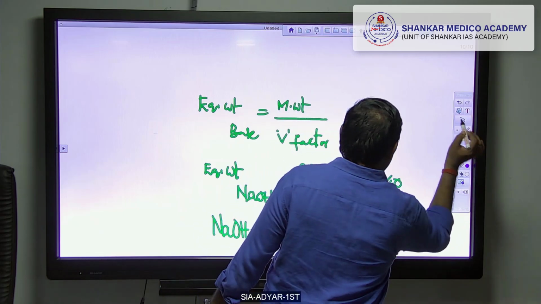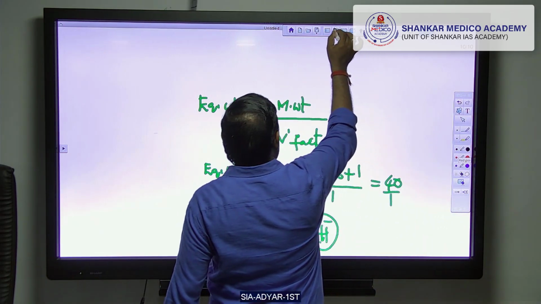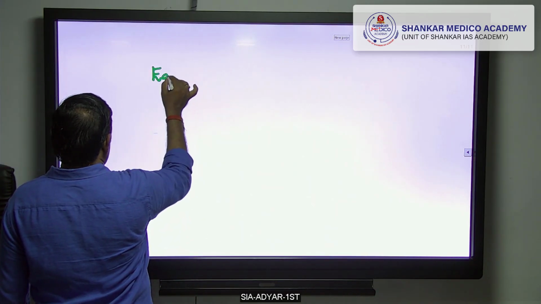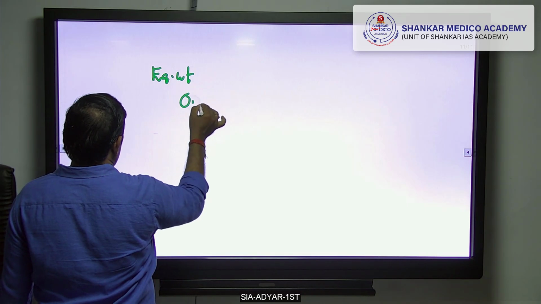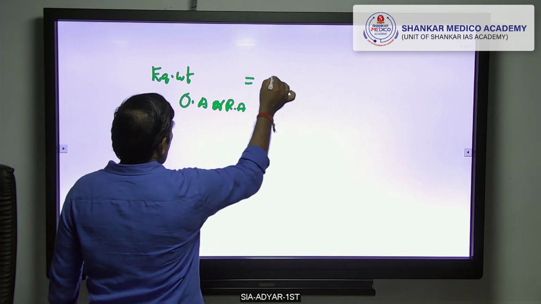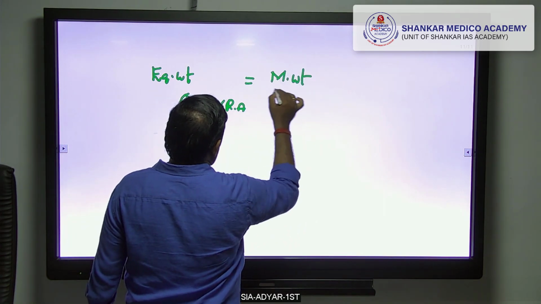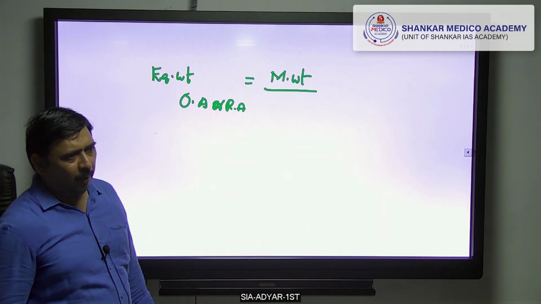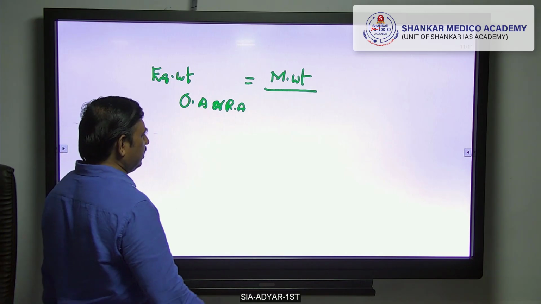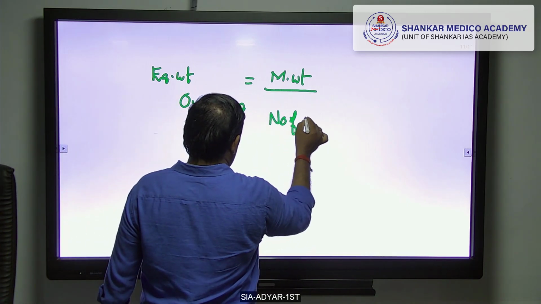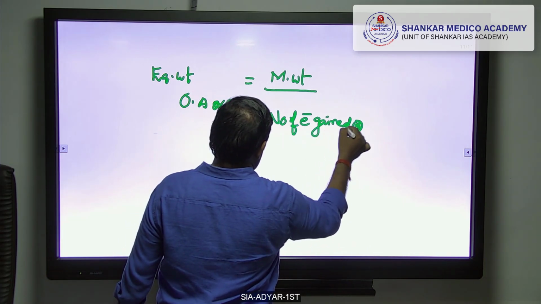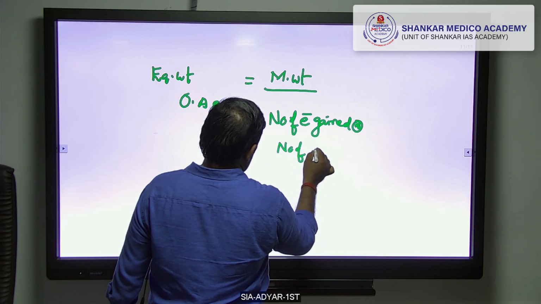Similarly, for equivalent weight calculation of an oxidizing agent or reducing agent, the formula is: equivalent weight is equal to the molar mass or molecular weight of the compound upon the number of electrons gained or the number of electrons lost. This is the formula.